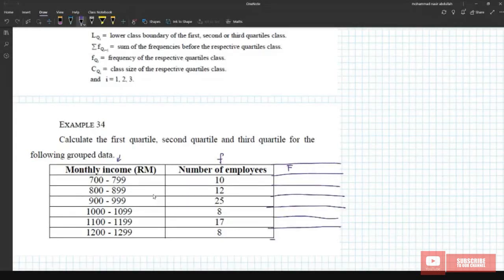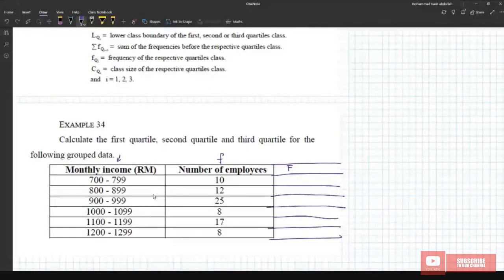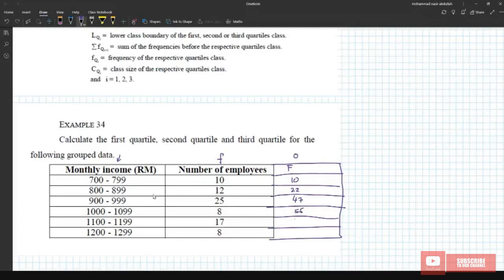So step dia sama macam median. So cumulative frequency class starts from 0 before the first class. So this is 10, 22, 47, 55, 72, and the last one is 80. So the summation of F is equal to 80.